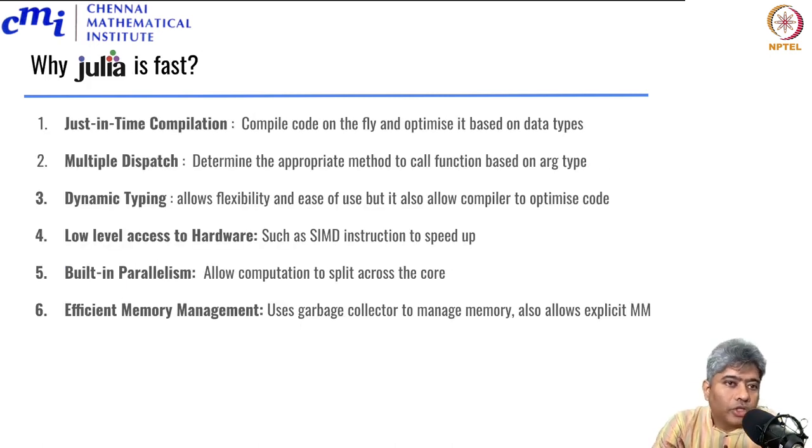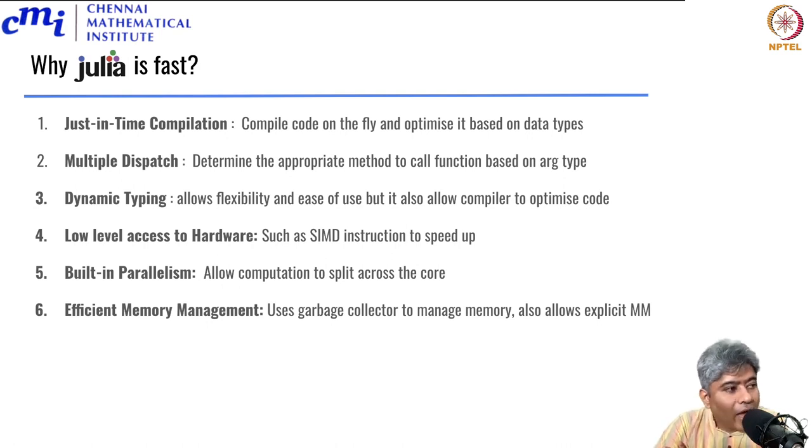So why is Julia fast? Essentially Julia's compiler was written based on six major foundational goals. The compiler tries to achieve six major goals. One is just-in-time compilation. It compiles the code on the fly and optimizes it based on the data type.